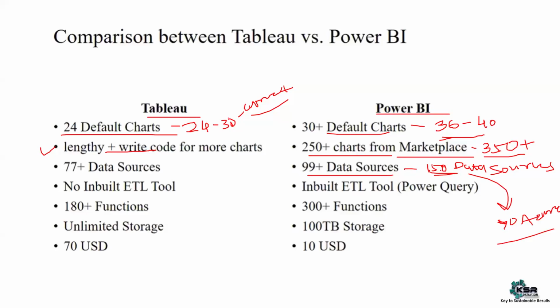The other 80 sources are additional sources. It might be file storage, Excel, CSV files, or PDF files. Not only Azure, there are additional storage or data sources which you can use as a source to put the data. But if you compare with Tableau, it had 77 plus, but currently it has around 90 different sources.